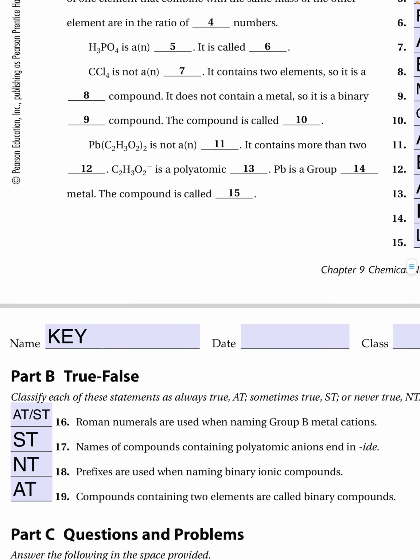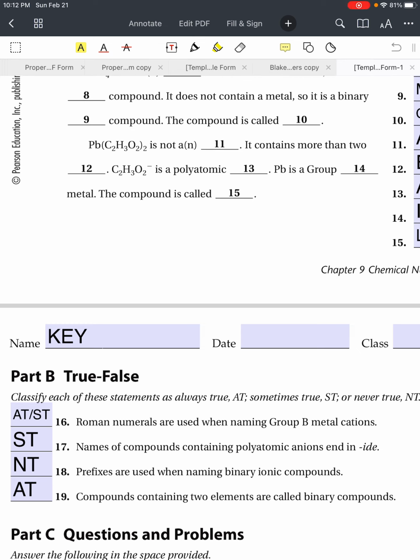Number 17 says, names of compounds containing polyatomic ions end in "ide." Well, rarely, but especially if they have a polyatomic cation like ammonium, you could have ammonium chloride or ammonium bromide. And so that's sometimes true. Prefixes are used when naming binary ionic compounds. And that's never true.